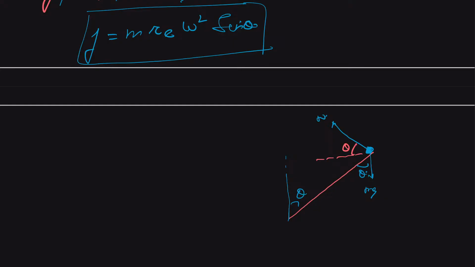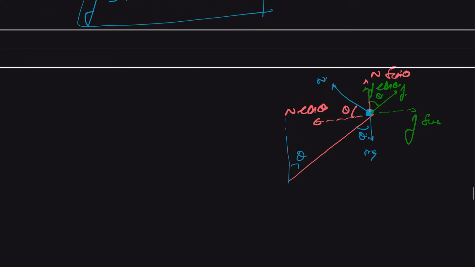This angle will be also theta, so we get this as N sine of theta, and this will be N cos of theta. And this, we come to friction. So friction will be acting in this direction, and we can divide this into two components. So we get this angle will be theta, so we get F sine of theta, and here we get our F cos of theta. Okay, so these are the various forces, and now it is quite simple to solve.